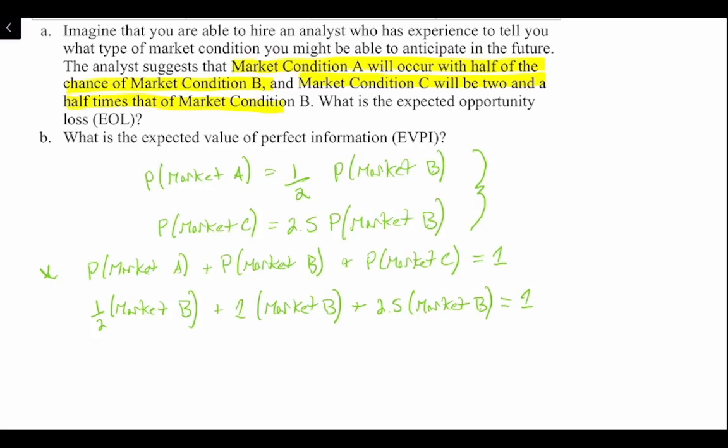So that gives us 4.5. Oh, sorry, not 4.5. This gives us 4 market B is equal to 1, right? 4 times market B is equal to 1, which means that the probability of market B is simply equal to 1 over 4.